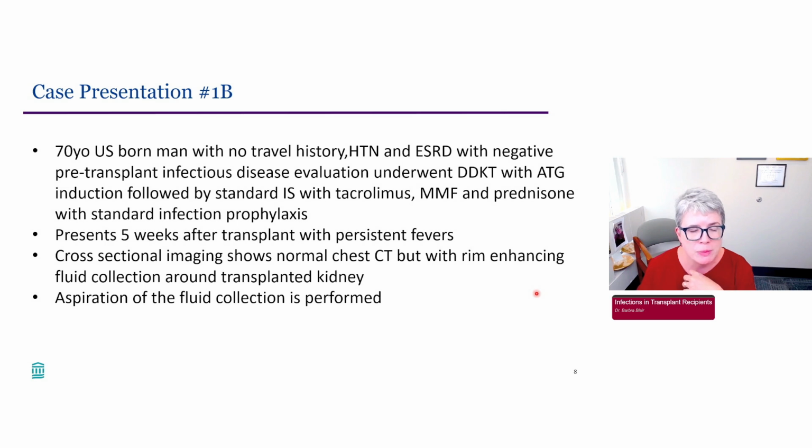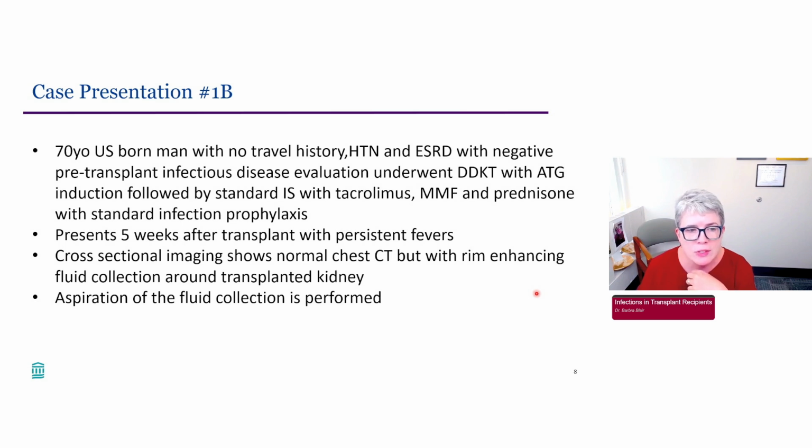So a 70-year-old gentleman who's US born with no travel history, with high blood pressure and end-stage renal disease, with a negative pre-transplant ID evaluation, who also had a deceased donor kidney transplant, got ATG induction followed by standard TACRO, MMF, and PRED immune suppression with standard infection prophylaxis.